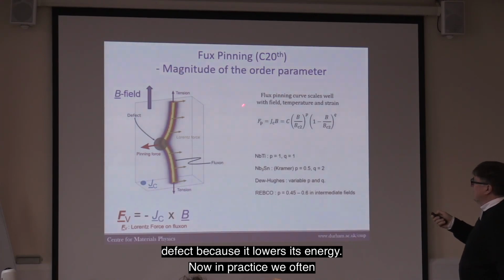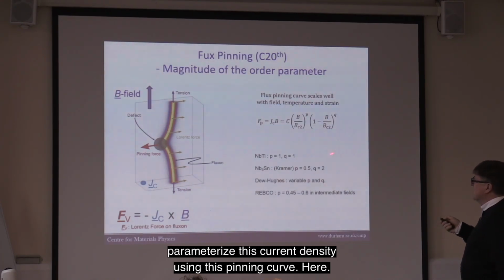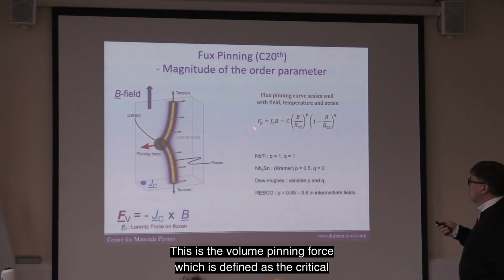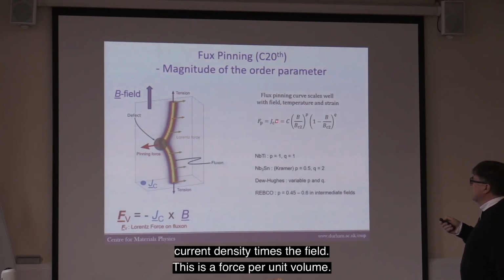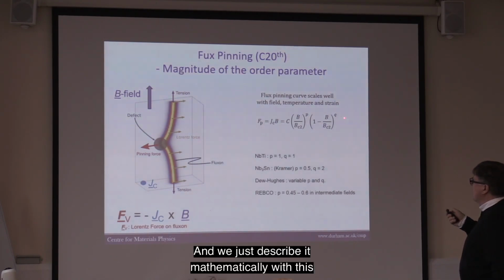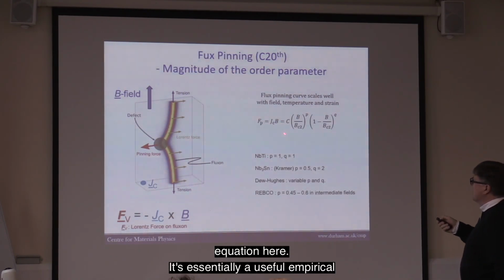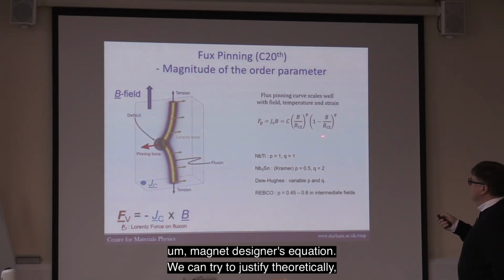Now, in practice, we often parameterize this current density using this pinning curve here. This is the volume pinning force, which is defined as the critical current density times the field. This is a force per unit volume. And we just describe it mathematically with this equation here. It's essentially a useful empirical magnet designer's equation.